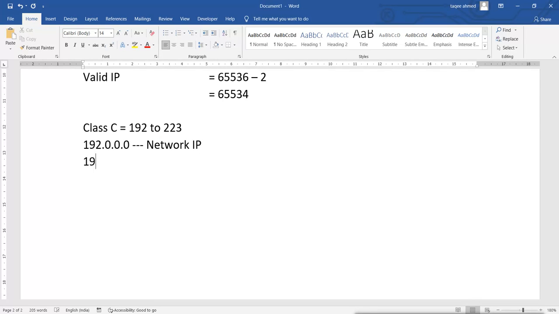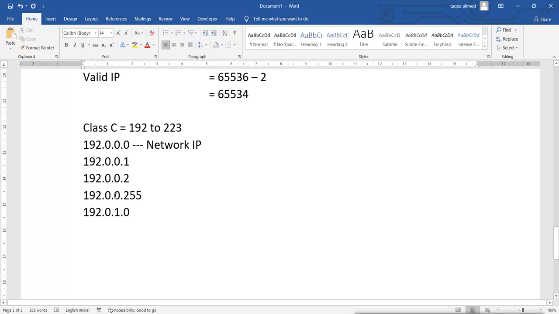Now the valid IPs will start from 1, then 2, 3, 4, up to 255, then the next part changes and this becomes 0 again. Now wait, actually this one is also a network.